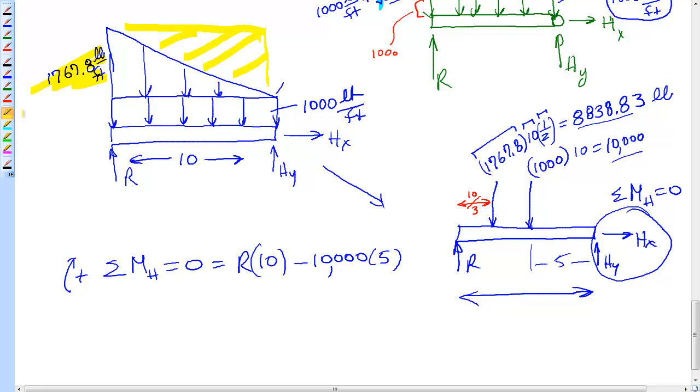So what I've done is, there's my 10,000, there's the distance it's away, and I'm going to run out of space, so I'm going to do my 8,838 and change times its distance. But its distance is this distance, which is not 10/3, but it is 10 times 2/3.